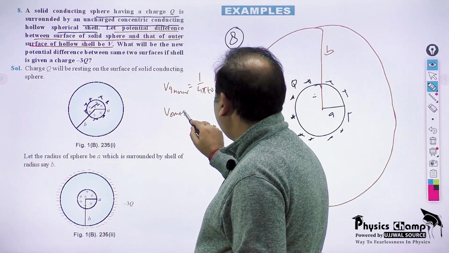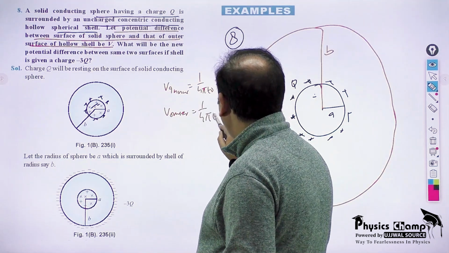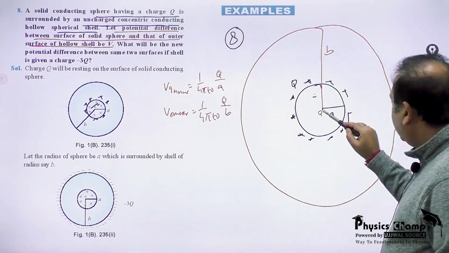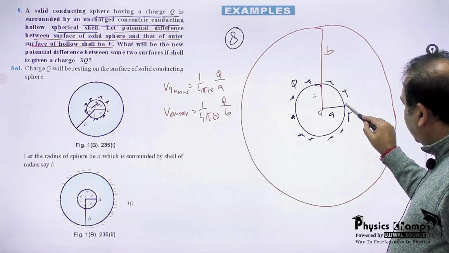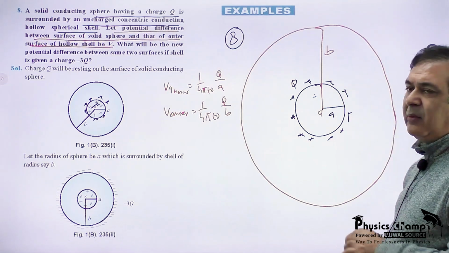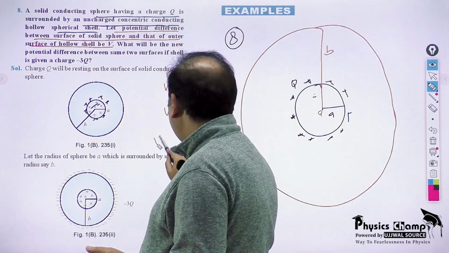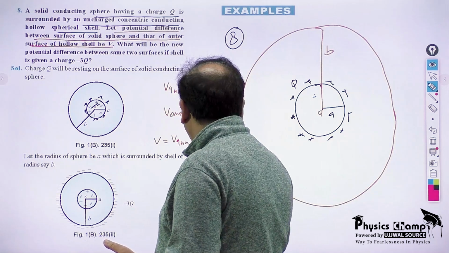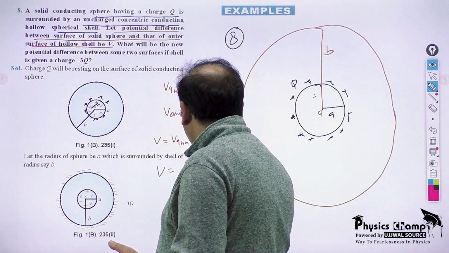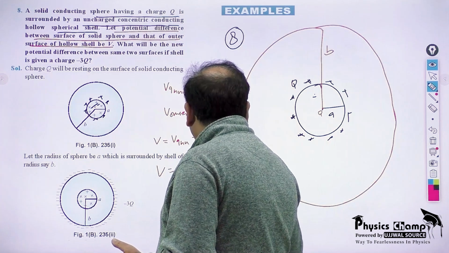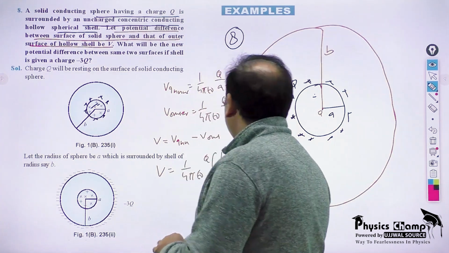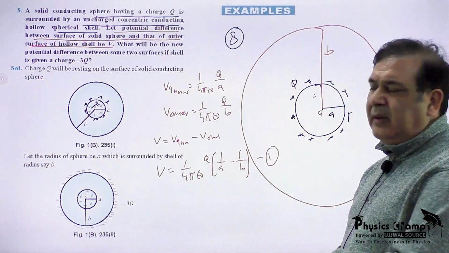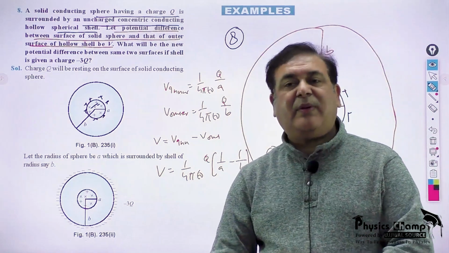So for the outer shell, the potential will be 1 by 4 pi epsilon naught Q by B. If we assume it to be at center, then for the inner it will be Q by A, for outer it will be capital Q by B. And then, as mentioned in the question, the potential difference V inner minus V outer is going to be 1 by 4 pi epsilon naught Q times 1 by A minus 1 by B. It is represented as capital V as per the question.